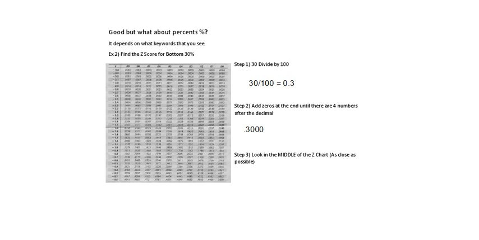Now the next step is to look for 3000 or as close as you can. When I look at this, I'm not going to find 3000. The closest is 0.3015.